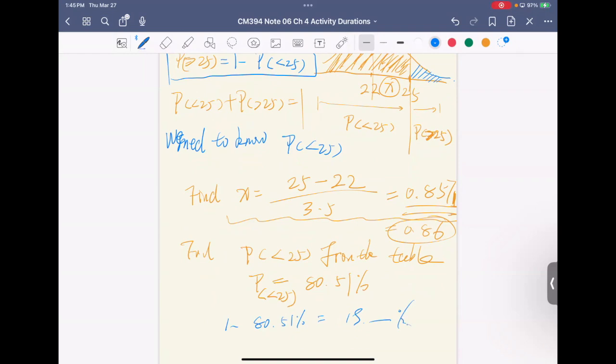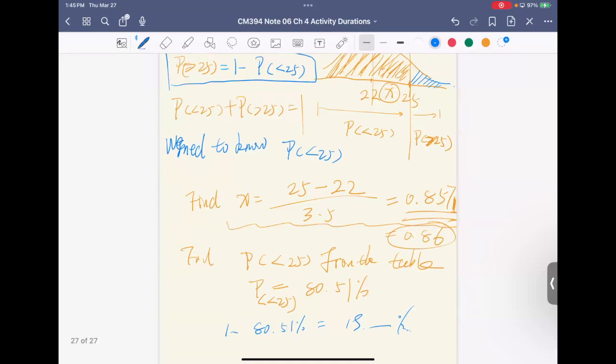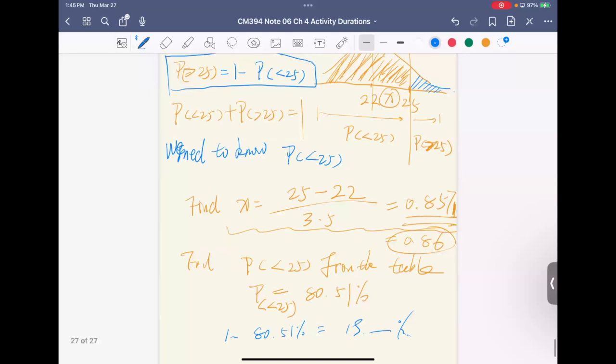Where did you get the 25 minus 22? I don't know where the 22 comes from.